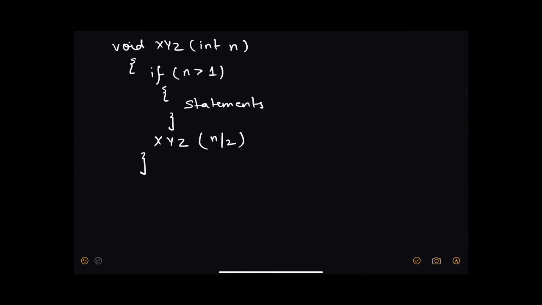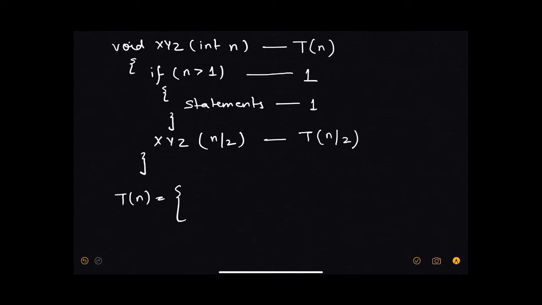So I can say that if my problem is T(n), then the recursive problem will only be T(n/2). If my statements take 1 unit of time in the program, and my if statement also takes 1 unit of time, then the recurrence relation that I would be getting will be T(n) = T(n/2) + 1.